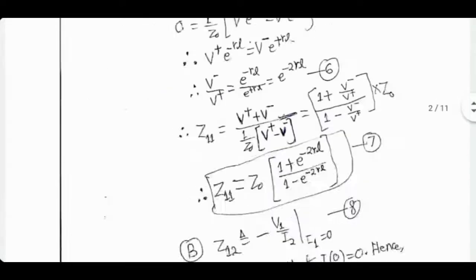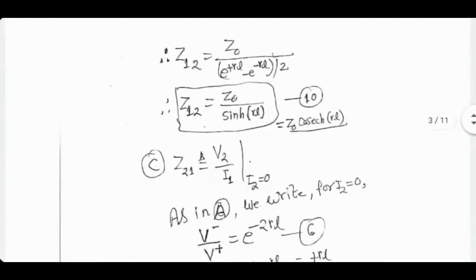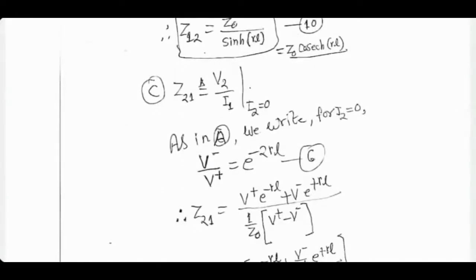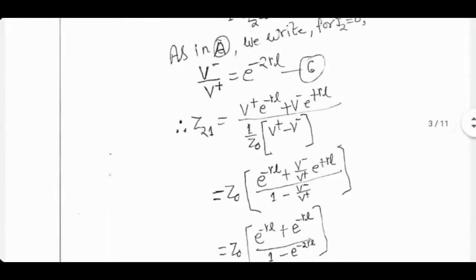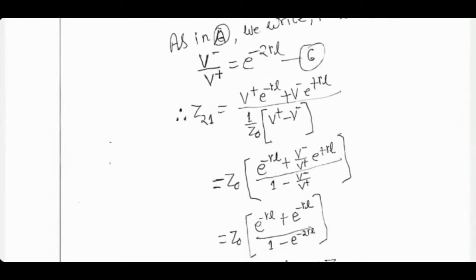So we can use that directly now, right here. And Z21 definition can be straight away used now. V plus e to the power minus gamma L plus V minus e to the power plus gamma L, that is V2. I1 is 1 divided by Z0, and the entire thing multiplied by V plus minus V minus. Again, you divide numerator and denominator of this equation by V plus, and then use equation 6 and simplify.